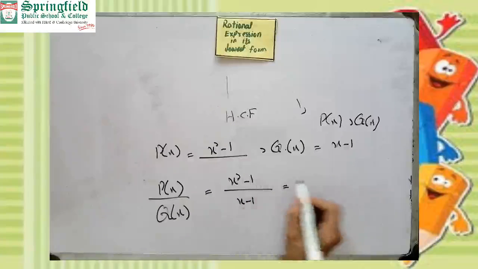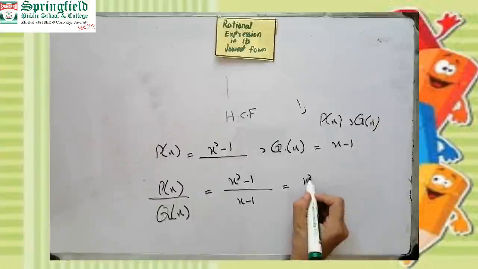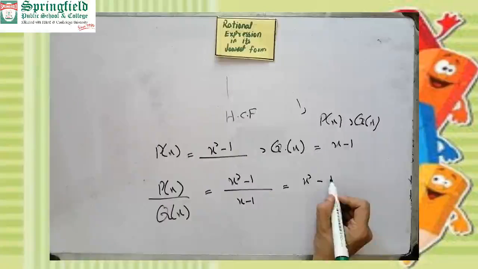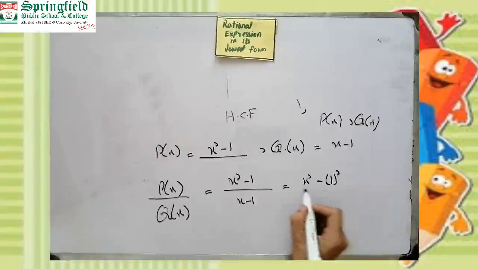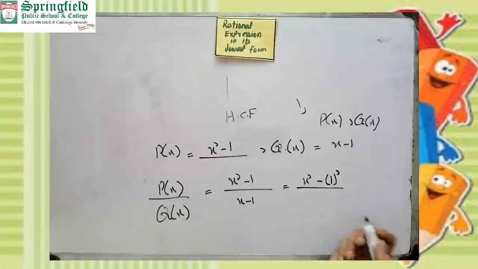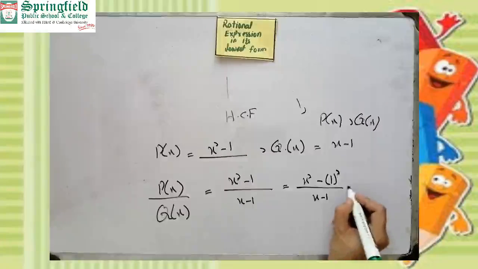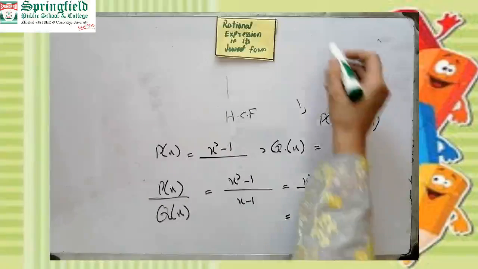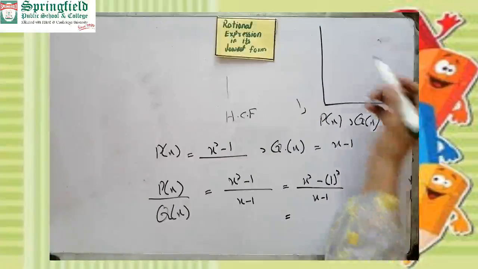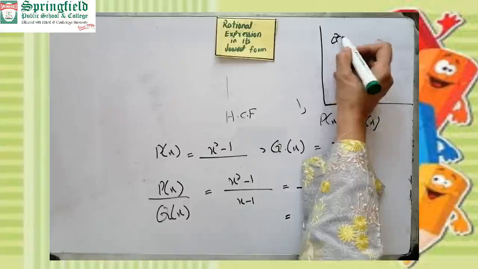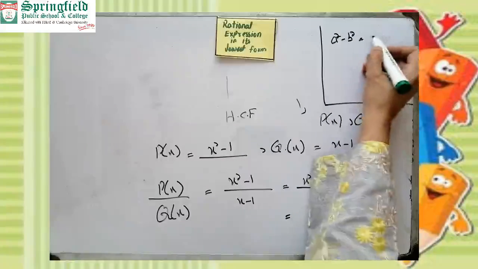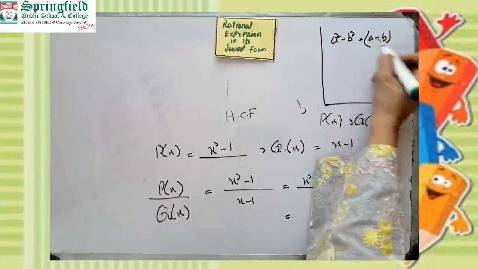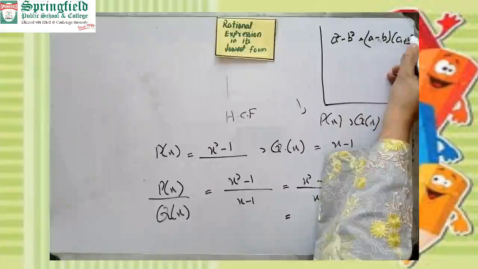So x square minus 1, 1 can be written as 1 square, as we know that 1 square is equal to 1. So x square minus 1 is a square minus b square. This is the formula as we already learned. A square minus b square is equal to a minus b and a plus b.